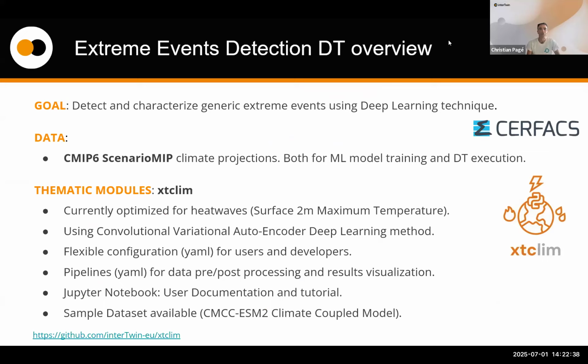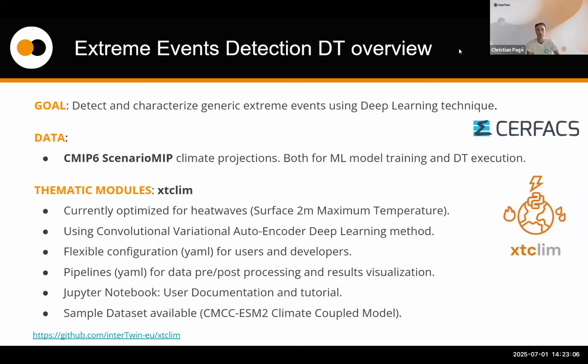So I present to you this extreme event detection digital twin. This digital twin's goal is to detect and characterize generic extreme events using a novel deep learning technique. And the data we have been using is the CMIP6 scenario climate projection. So it's the same as has been presented by Donatello for the wildfires, for example.